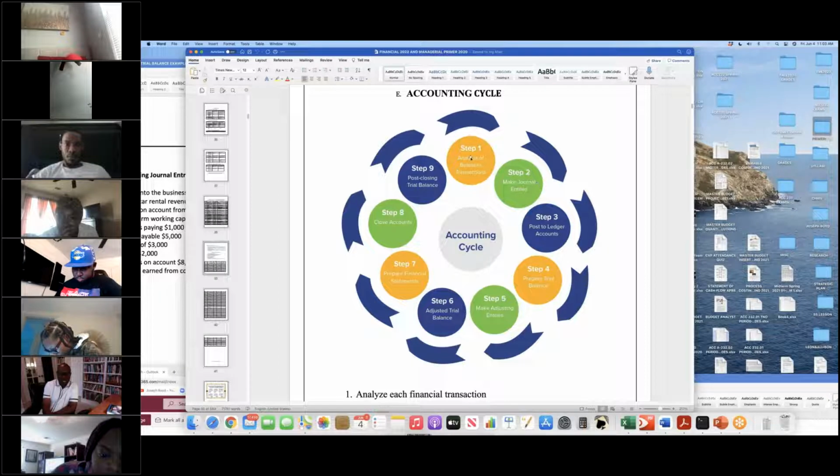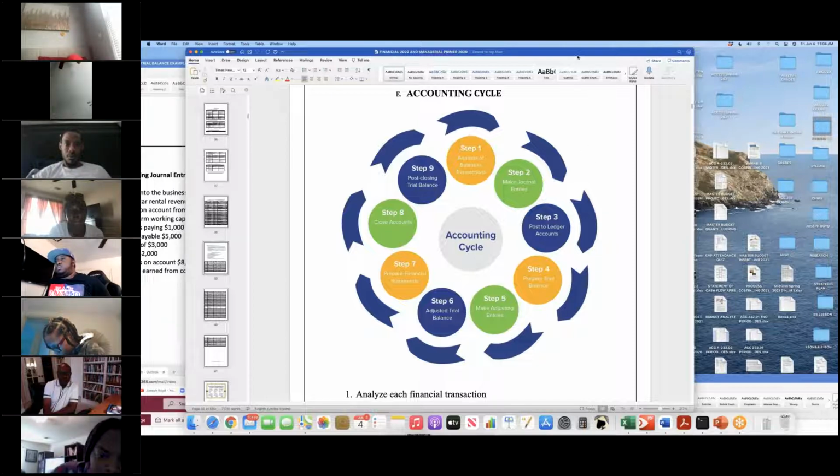When we have a business, every financial transaction is analyzed and a journal entry is made. We're now ready to go to steps 3 and 4, posting to the ledger and preparing a trial balance.